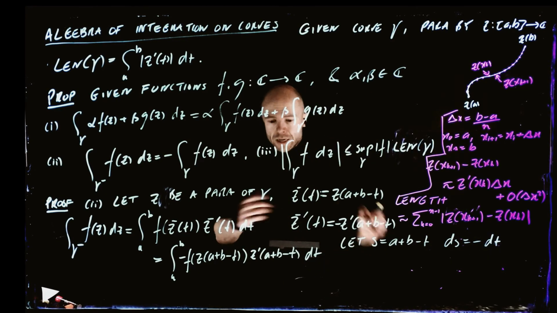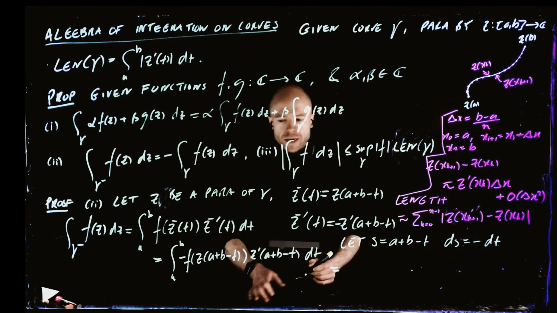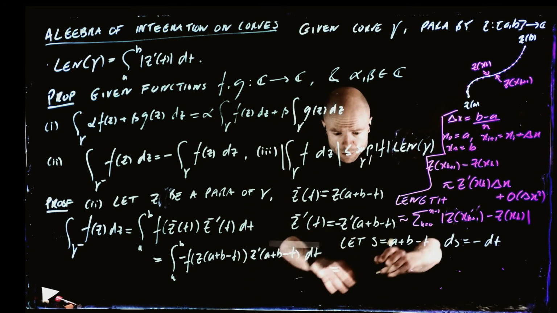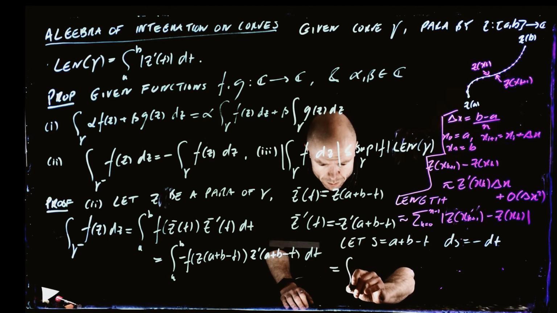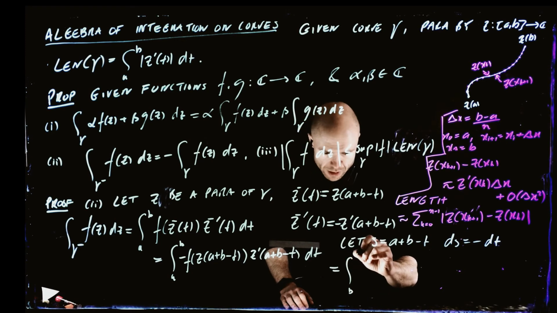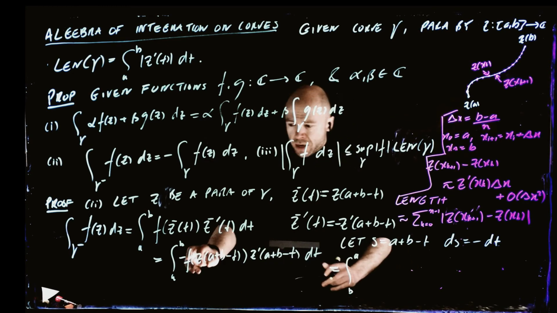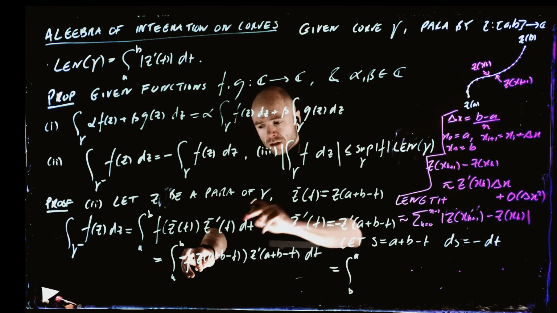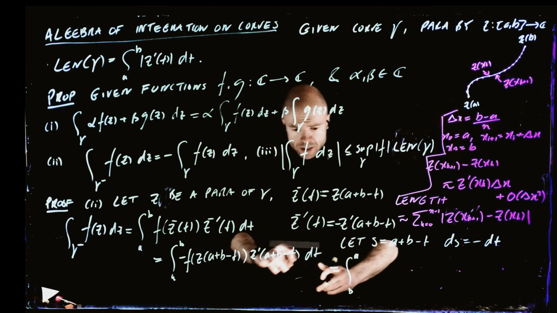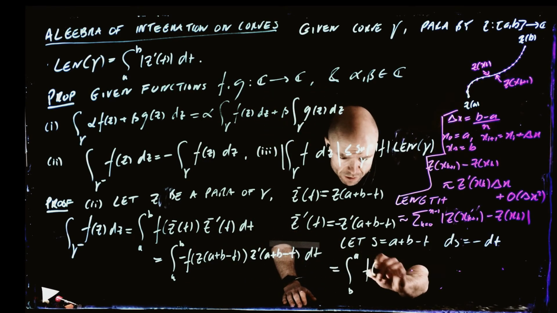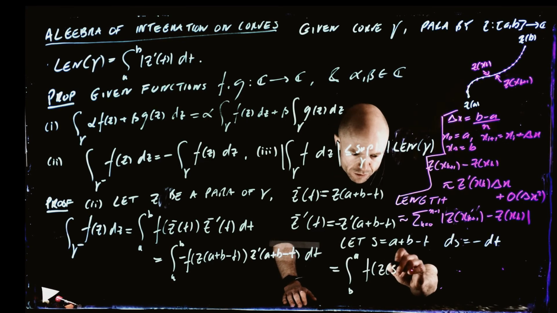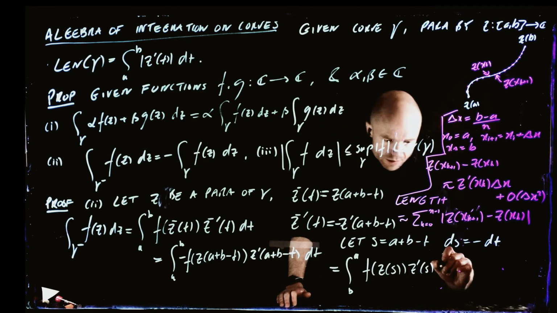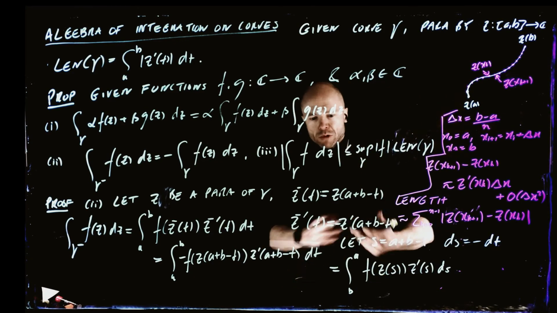And then let's change this whole thing into an integral with respect to s. So now when t is equal to a, s is equal to b, so we're going to integral from b to a. We still have the minus sign, but we also have another minus sign when we go from dt to ds. So those minus signs cancel. So then we're going to have f of z of s, z prime of s ds. And now we put the integral the right way around.